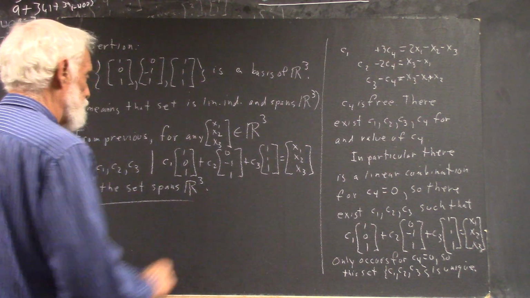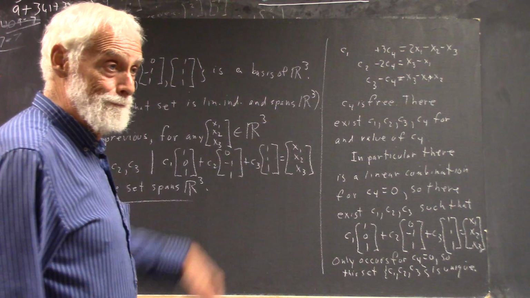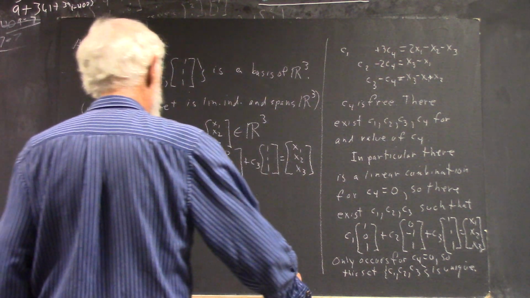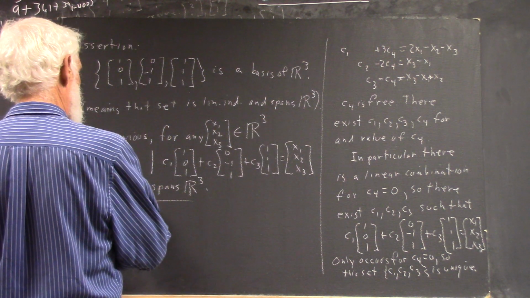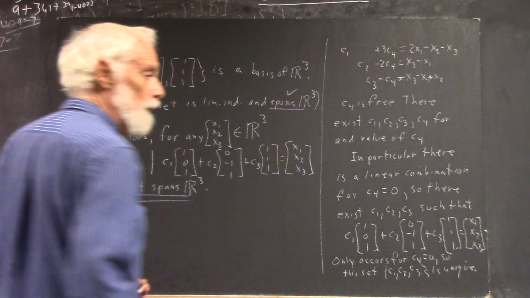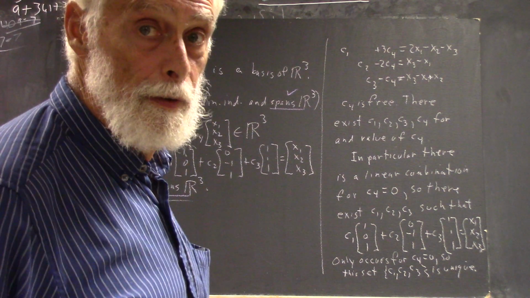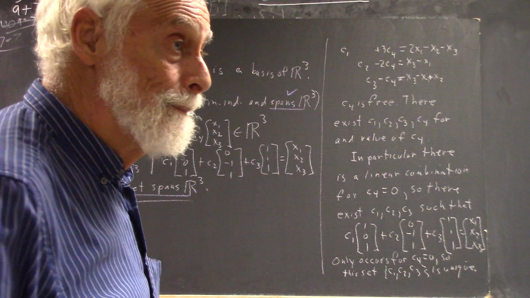So the set spans R3. So we got this. Okay? So we can put in a check mark there. We got that done. Now all we have to do is prove that it's linearly independent.